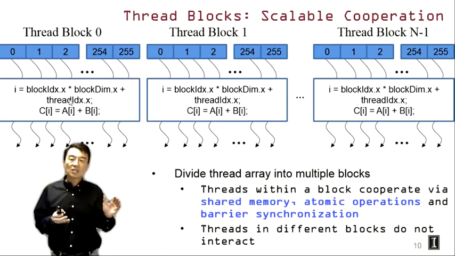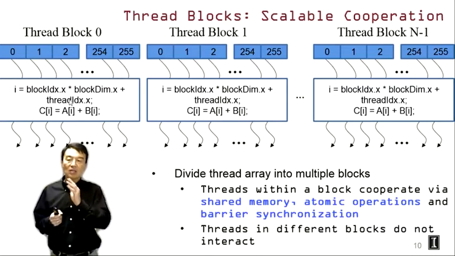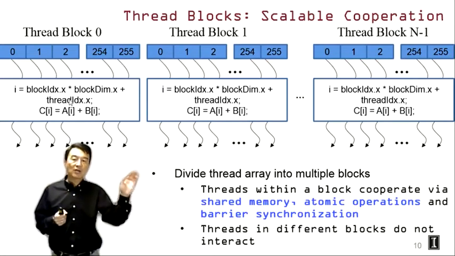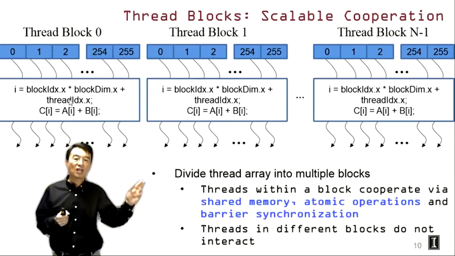As a result, the i values of the first thread block will range from 0 to 255, and all the i values from thread block 1 will range from 256 to 511.